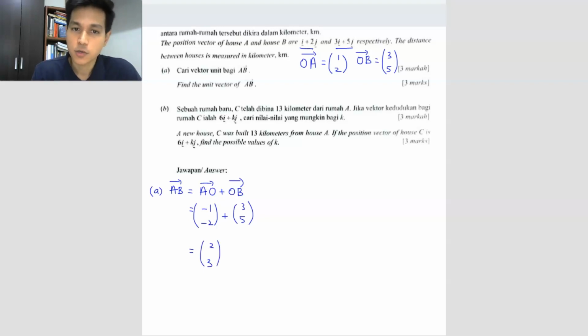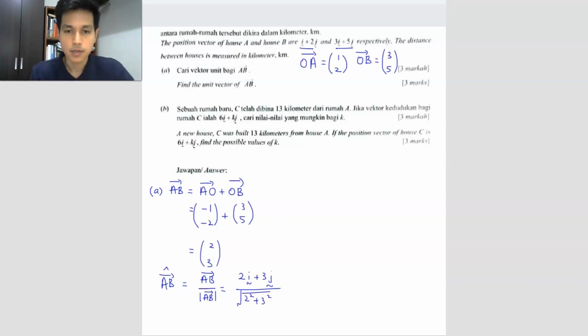Now the question wants a unit vector. So what is the formula for unit vector? You take the vector and divide by the modulus, the magnitude of that vector. So in this case, you get 2i plus 3j over square root of 2 squared plus 3 squared.